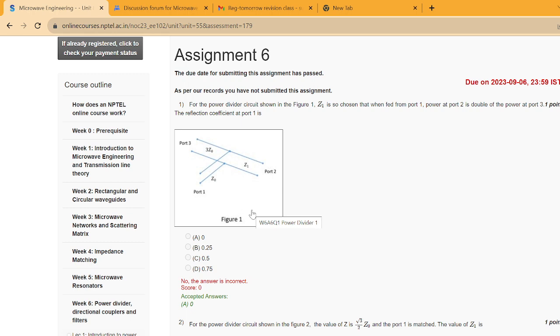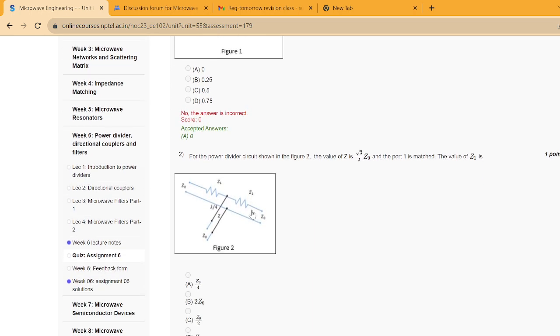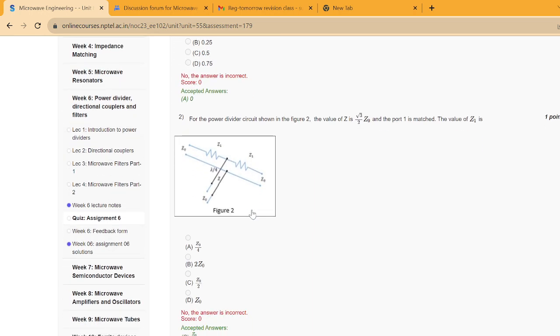Okay. Now moving on to the second question of power divider. In the second question it is slightly different. Resistor, madam. So in the second question you have only one difference. In port 1 you have a lambda by 4 line. Yes, ma'am.